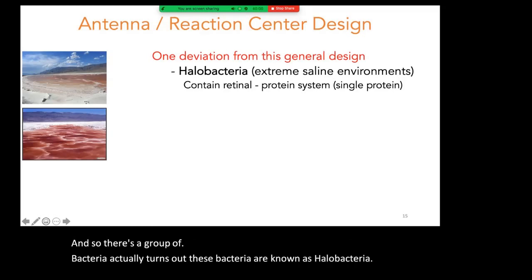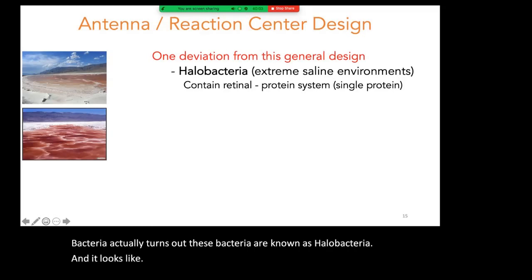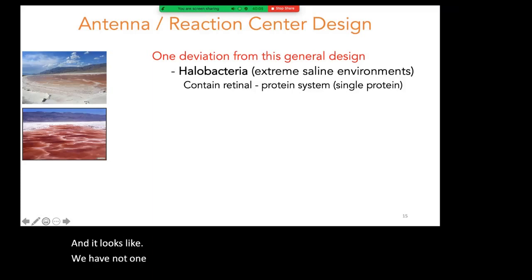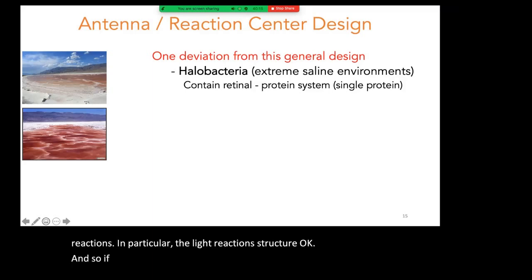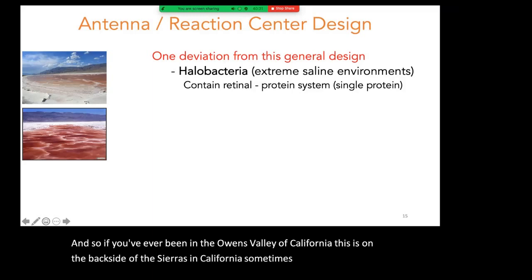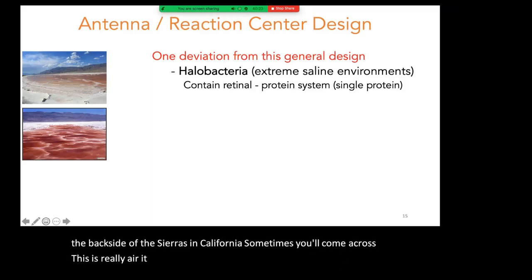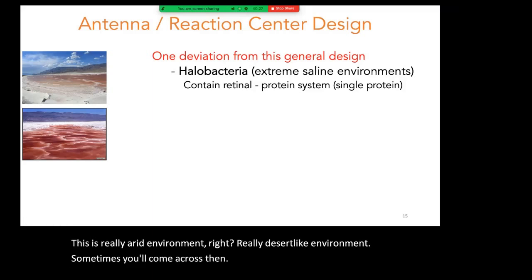And it looks like we have not one, but two independent evolution events of the light reaction structure, okay? If you've ever been in the Owens Valley of California, on the backside of the Sierras, this is a really arid, desert-like environment, and sometimes you'll come across lakes.